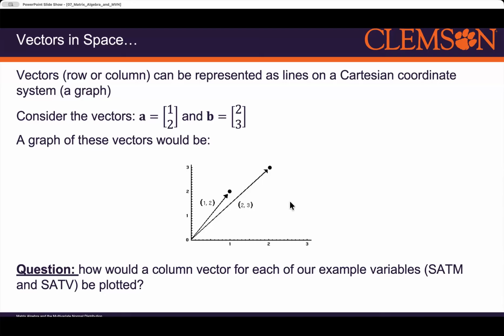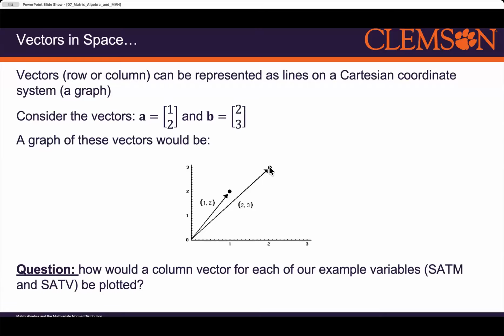Now, it's interesting, depending on the type of learner you are, geometric representations can either really enhance what you're doing or really confuse what you're doing. If it confuses you, just bear with me and try not to think about it when we start talking about statistics with this. But let's continue on a little bit here. The vector a starts at the origin, goes up to this dot. The vector b starts at the origin, goes up to the dot 2, 3.